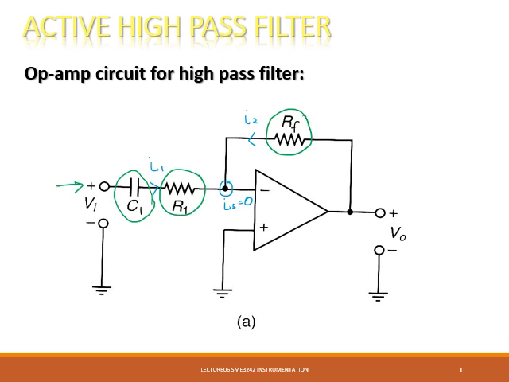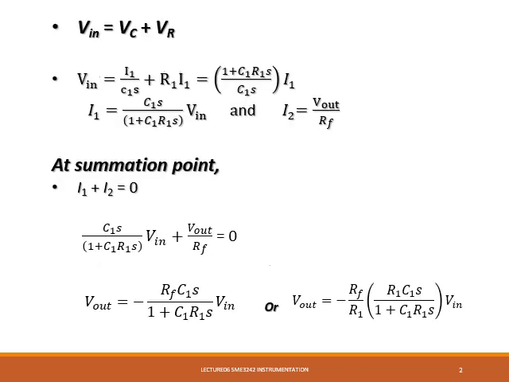As for the derivation, again we consider the same approach, where I1 plus I2 equals 0 at this summation point. At the input side, we have I1 that goes through both the capacitor and the resistance, so we need to define I1.